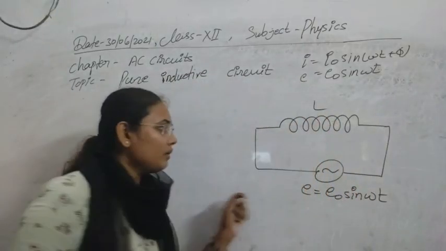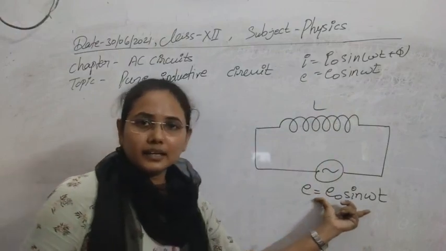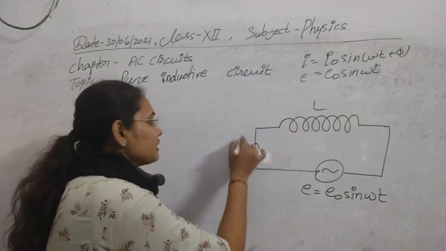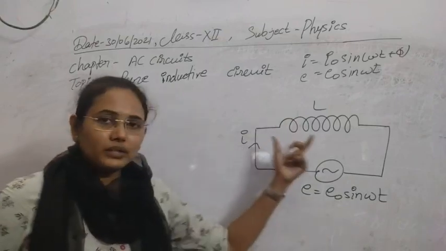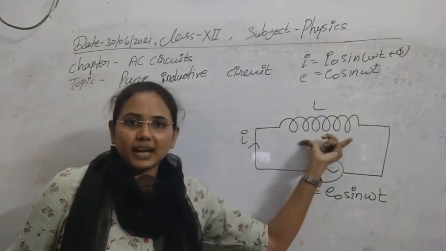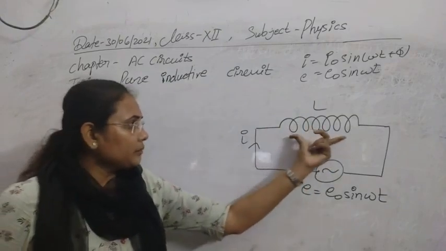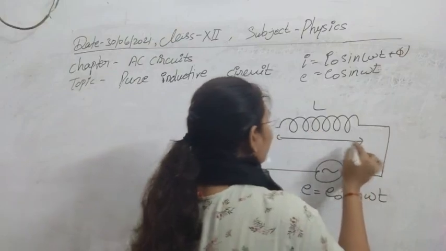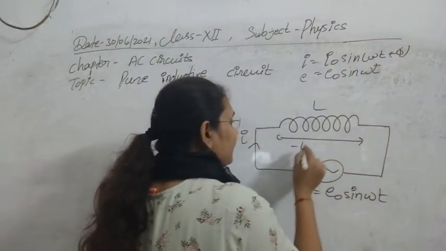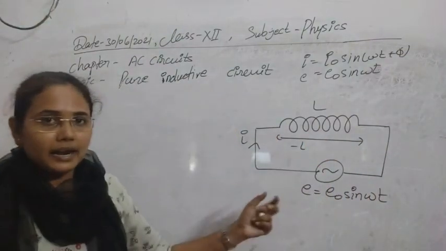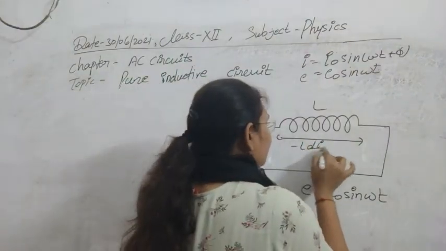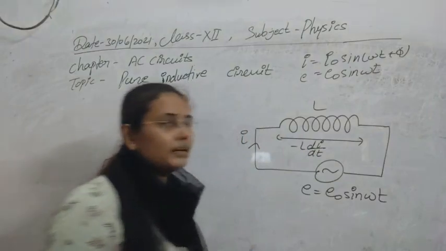Whenever we connect this alternating source of EMF, a current will start to flow through this inductor. The induced EMF that is produced across the inductor is given by Faraday's law of electromagnetic induction, and according to that, this induced EMF is equal to minus L di by dt.